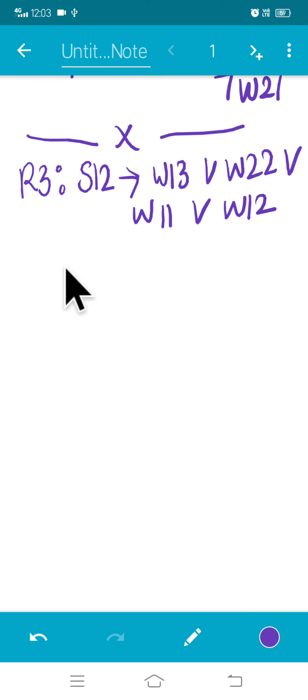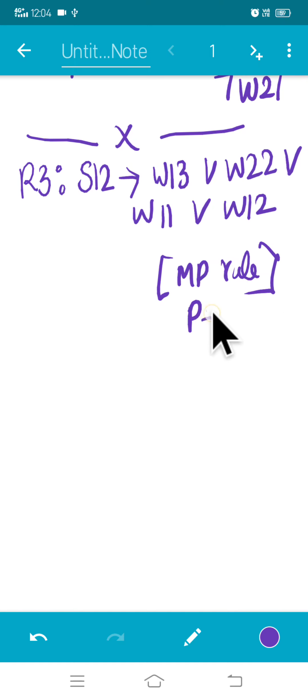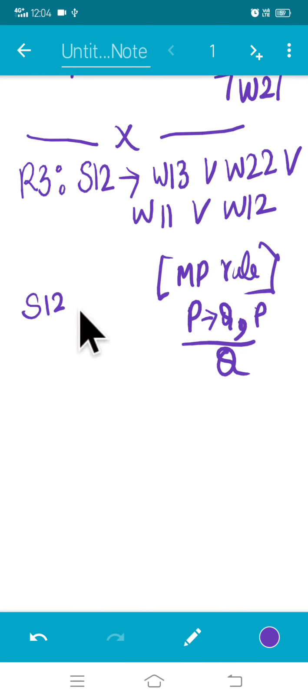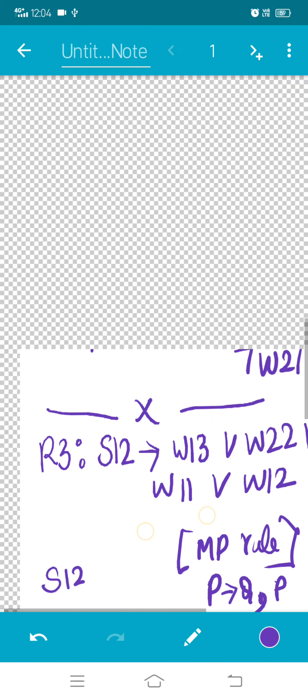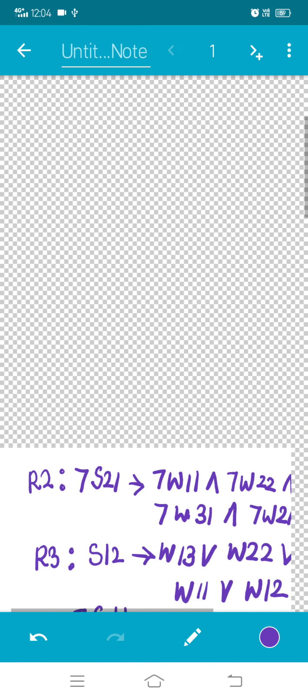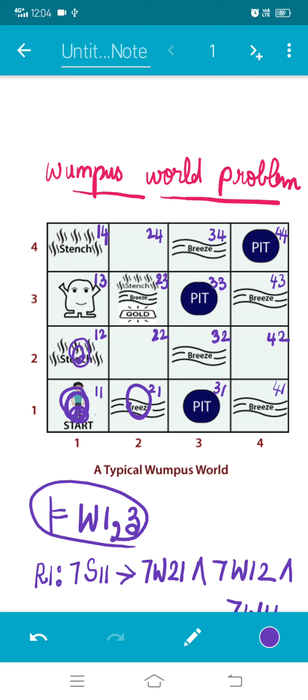So now I will take the third rule. Here I have written rule number 3, and by applying the same modus ponens rule, which is P implies Q, given P is true, then Q is also true. Applying this rule, we know that there is a stench in 1,2. That we will check with the diagram. Going back to the diagram, the agent perceives that here in 1,2 stench is there. So that is true.